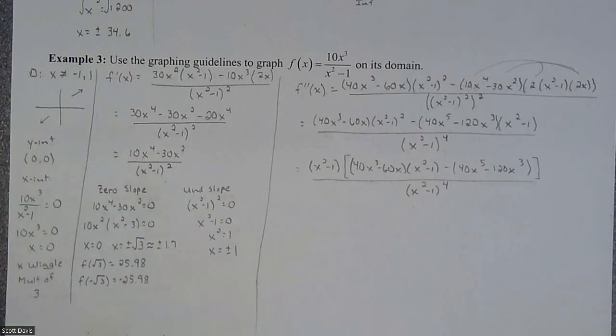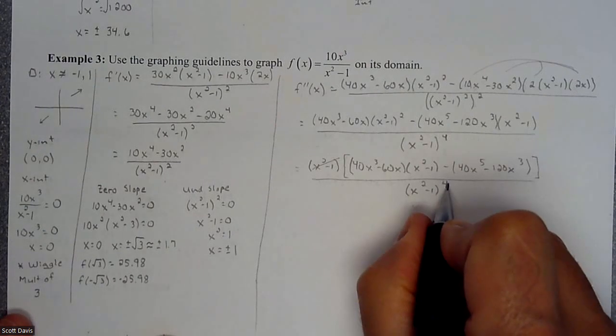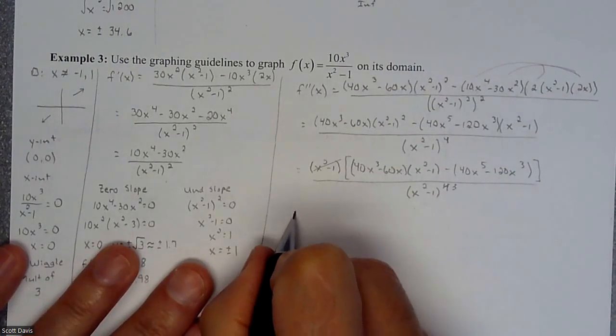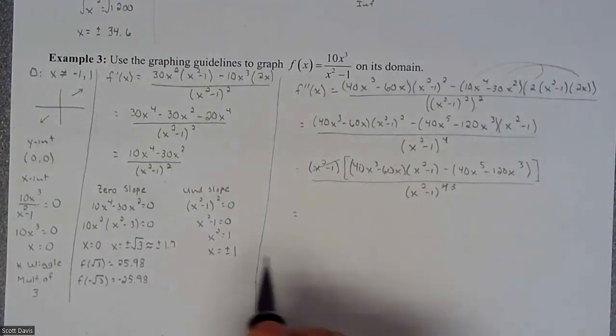All right, getting there. So I can cancel one of those x squared minus 1s with one of those, leaving us with 3. I'm going to go ahead and distribute the tops, and then we can combine, and then we can do the exact same stuff.